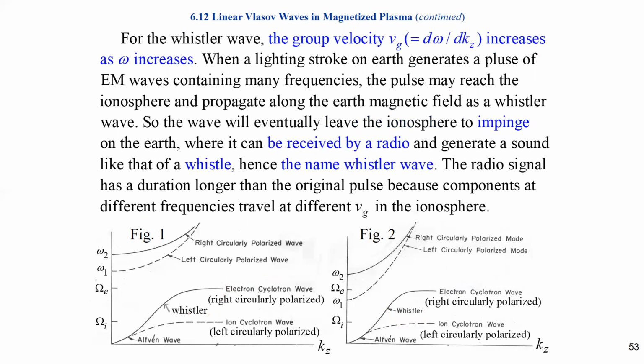For a Whistler wave, the group velocity increases as omega increases. The phase velocity is here in these regions.